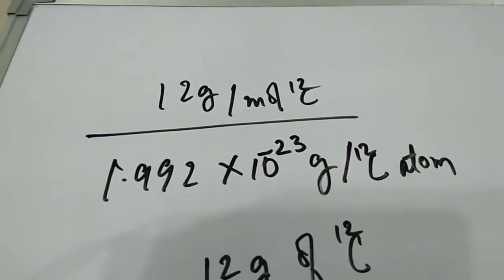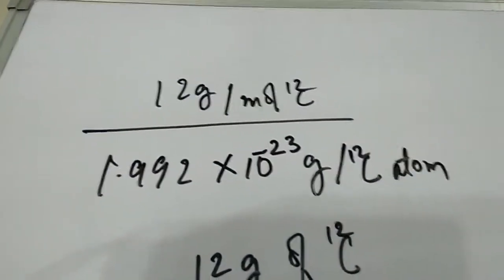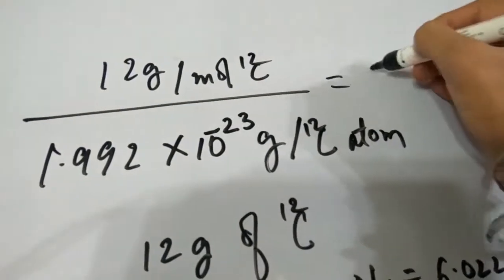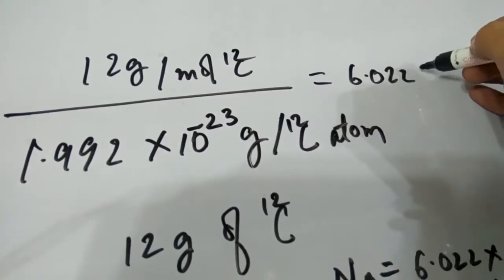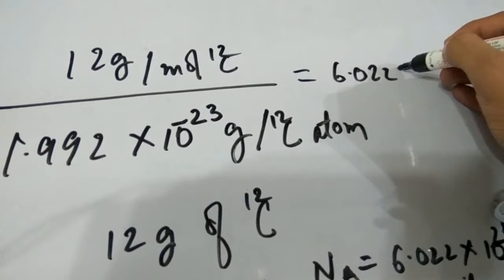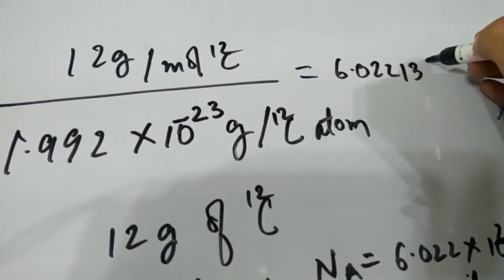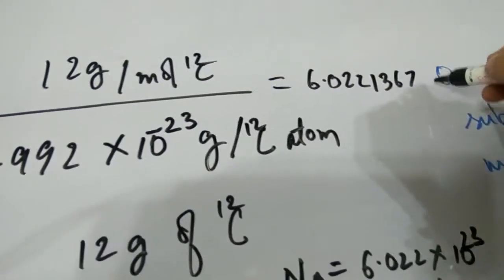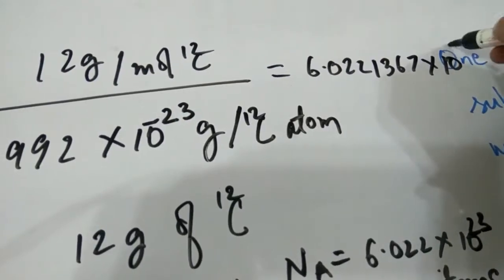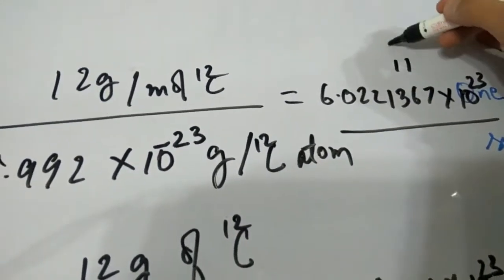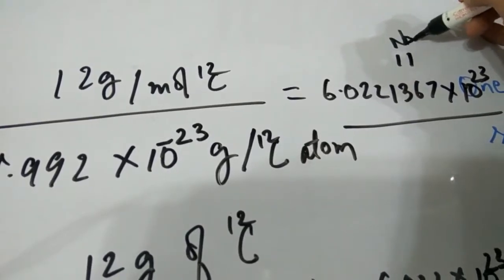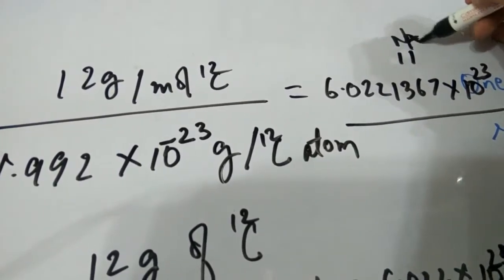That is the way you write it, and this term comes out to be 6.022, and there are a few more digits, 1367, into 10 raised to power 23, which is equal to the Avogadro number or Avogadro constant Na.